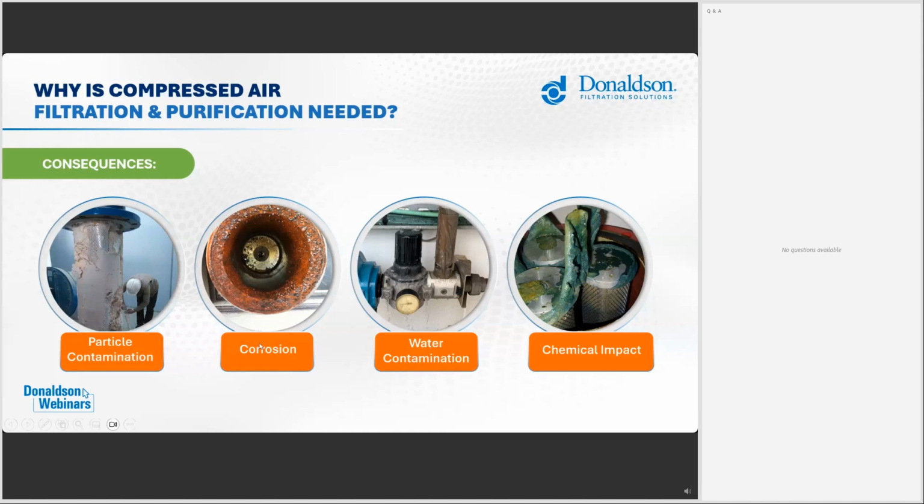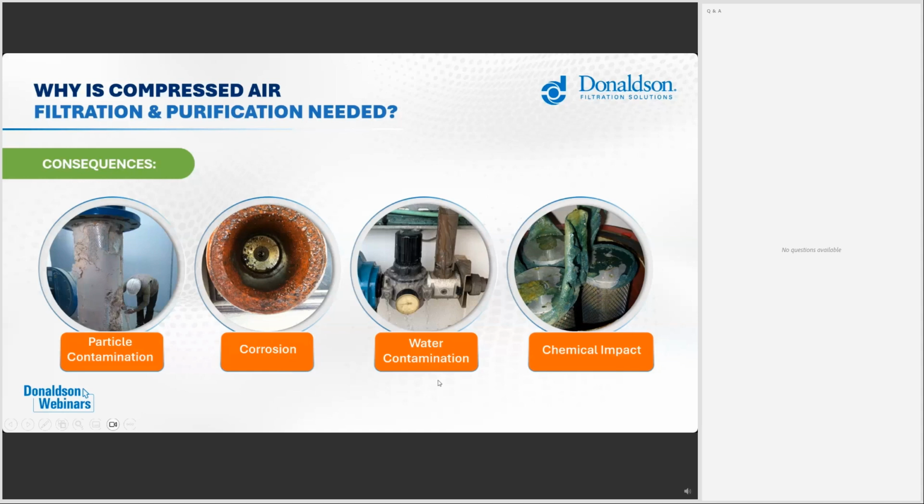Corrosion, here, that is the filter housing, and you see there was not the right material selection when using this filter housing. Maybe it would be better to use in that application a kind of stainless steel material in order to avoid these corrosion effects.